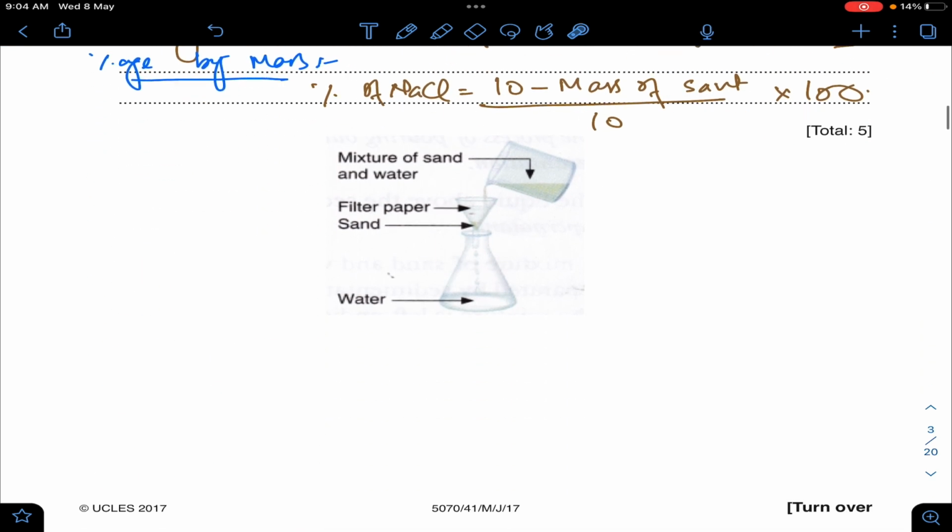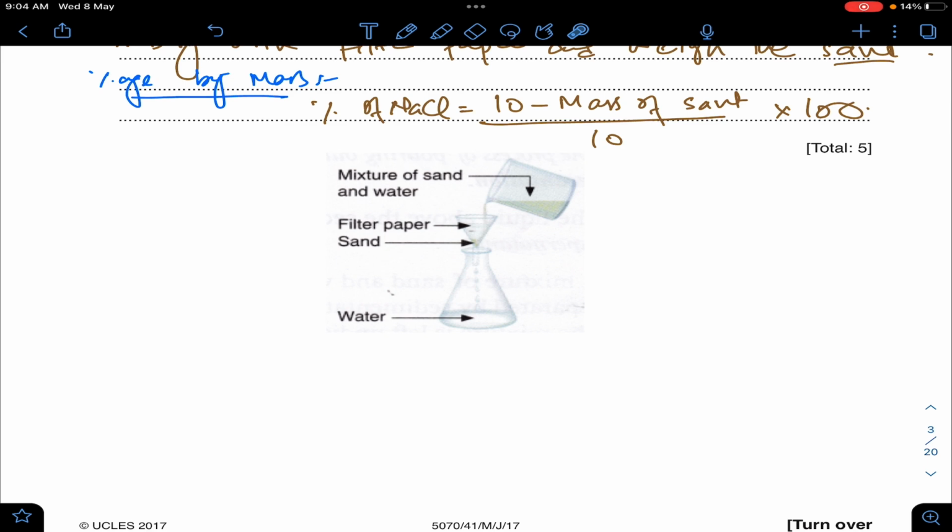So this is a basic diagram of filtration. You can see here we're using this conical flask, over which we have placed a funnel. Filter paper is adjusted into the funnel, and this mixture is passing through the funnel. So all the water will pass through the funnel, and we'll get it in the conical flask. This would be the filtrate, the liquid which passes through the filter paper.